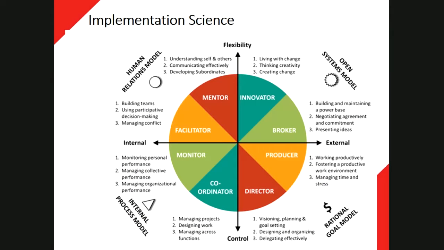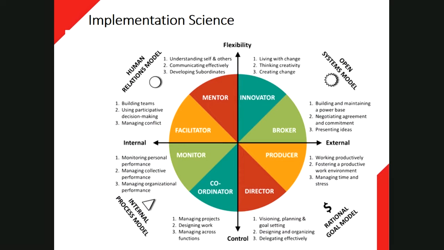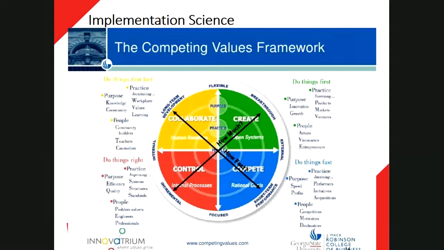And this is essentially the same type of competing values framework. However, it is presented a little bit differently. So again, when you look at the upper left, that speaks to collaborative and doing things that last, and it speaks to more of long-term development and focus on human relations.